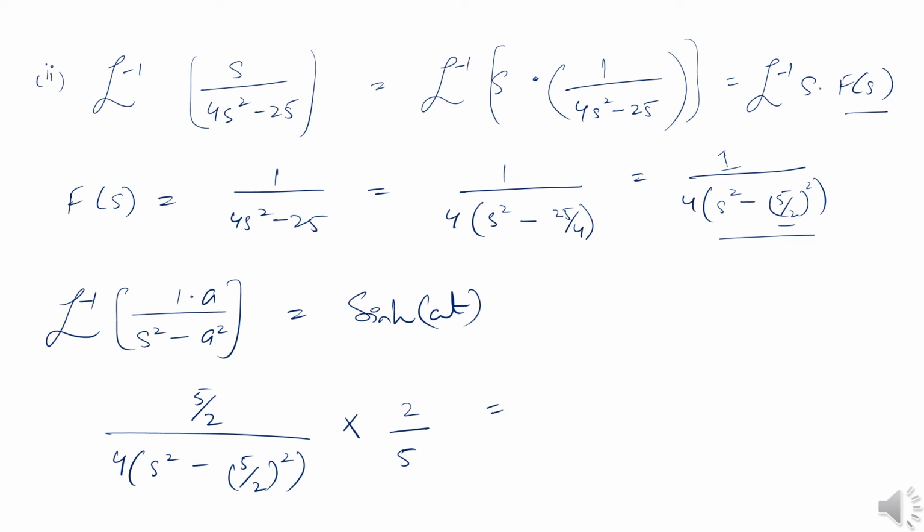What I get is 2 over 20 dot 5 over 2 divided by s squared minus 5 over 2 squared.